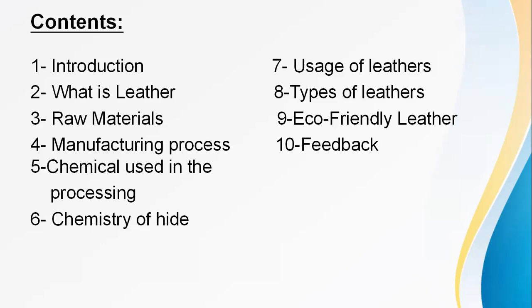There are many chemicals used in the processing, chemistry of hides, the skins of animals which are used in the industry. Usage of leathers, there are many usages of leather. We will discuss it. Types of leather, there are also numerous types of leathers. Eco-friendly leather, how can we develop eco-friendly leather? And the last point I will give is the feedback.